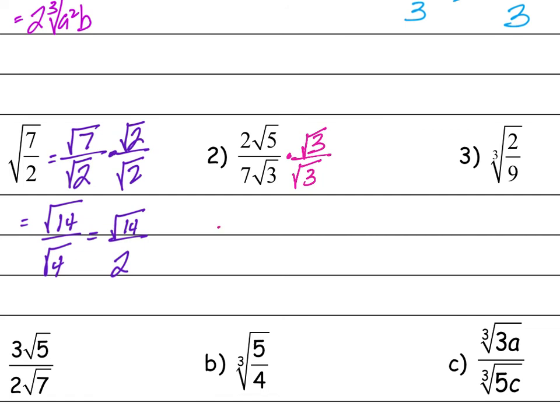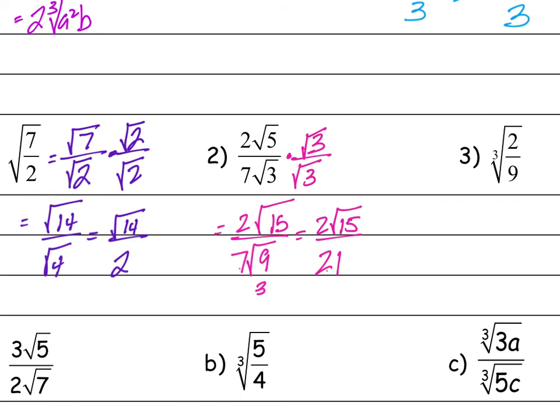So this becomes 2 square root of 15, right? 5 times 3 over 7 times the square root of 9, which is 2 times the square root of 15 over 7 times 3, which is 21. Is everyone okay with where I got 21 at? Because the square root of 9 is 3, and 7 times 3 is 21.